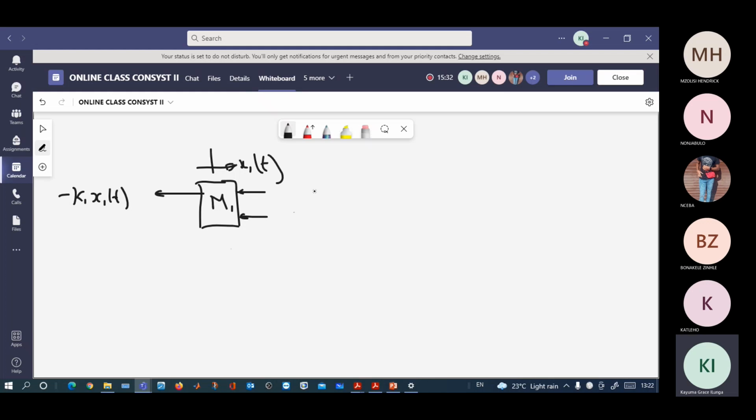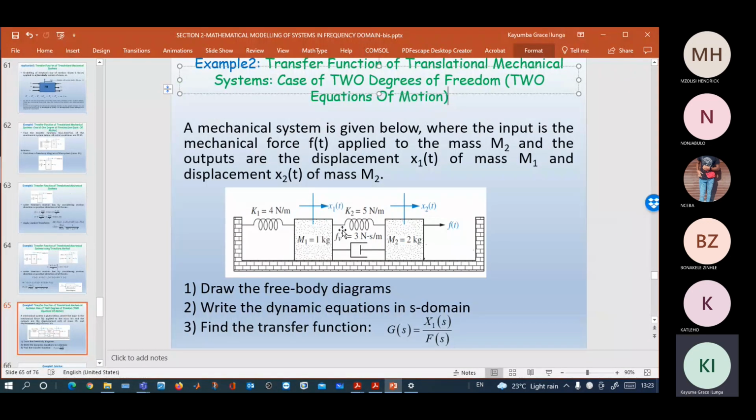It's minus. And the second one will be, now listen to this one, we will have K2, let me open the big bracket, times x1(t). Now if you see, this spring here is in between the two masses.